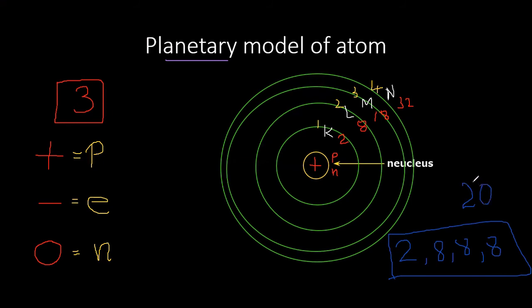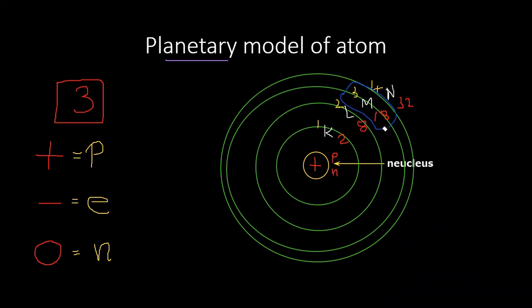In higher levels, you will do 2, 8, 18, 32. But up to this O-level knowledge, you are going to go for 2, 8, 8, 8. So if they ask in the MCQ how many maximum electrons the M energy level can hold, it should be 18, not 8. This is only for electronic configuration, not for the maximum number of electrons. So try to memorize that.